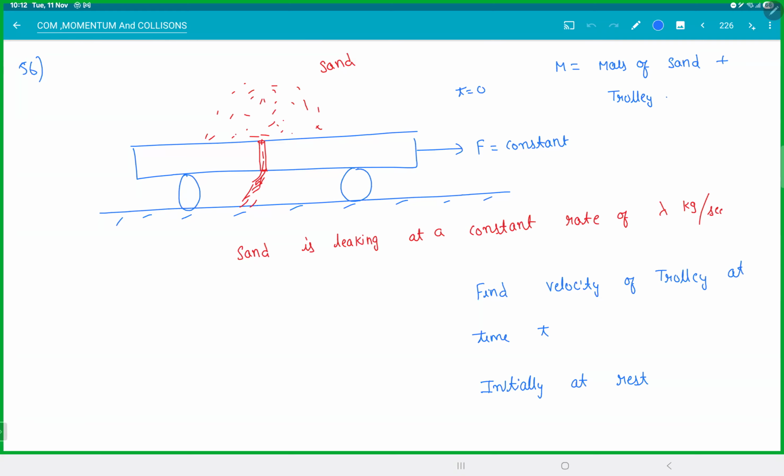How do you handle this? Let's write the equation.